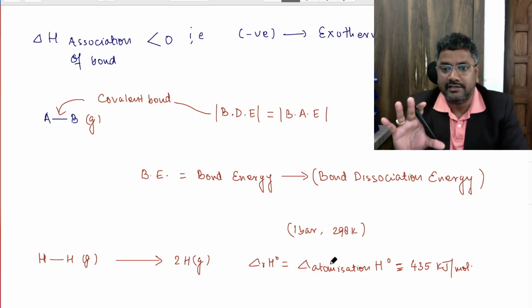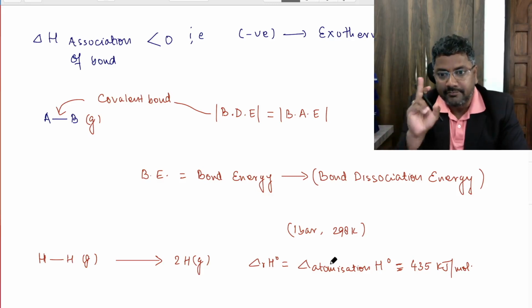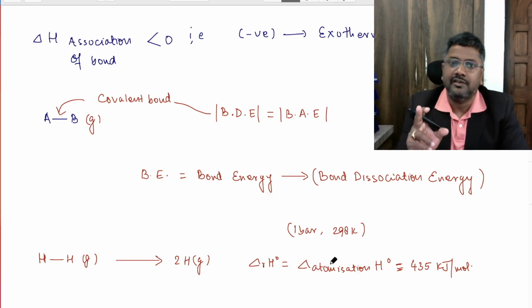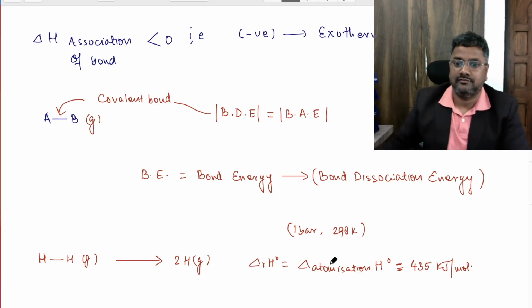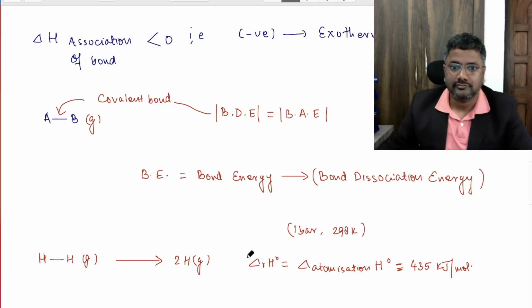I'm not talking about O double bond O or N triple bond N. If you compare single bond energies, this is the highest in the whole periodic table. So this is also called enthalpy of atomization.